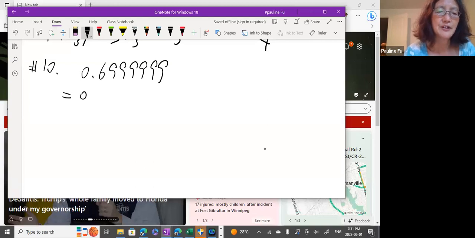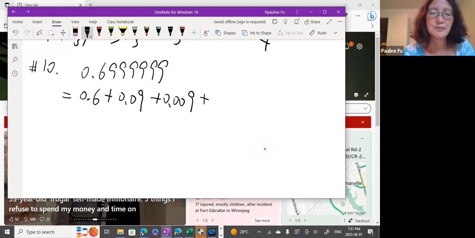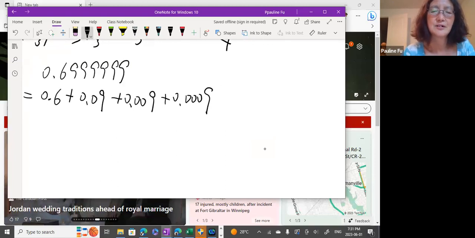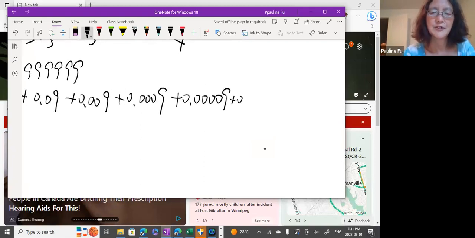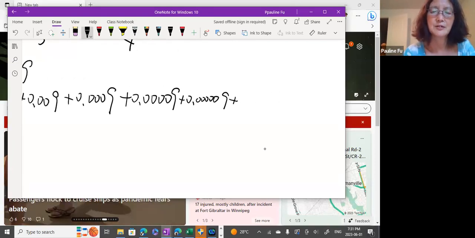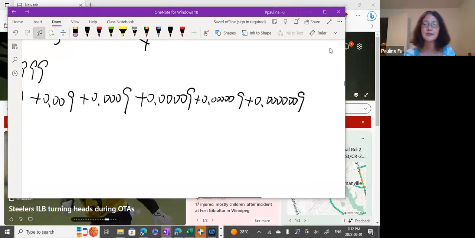This number is the same as 0.6 plus 0.09 plus 0.009 plus 0.0009 plus 0.00009 plus and so on. So first of all, rewrite the number.